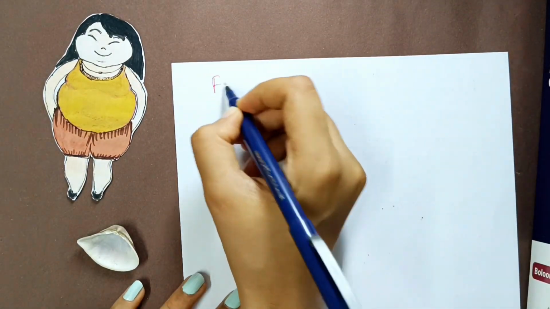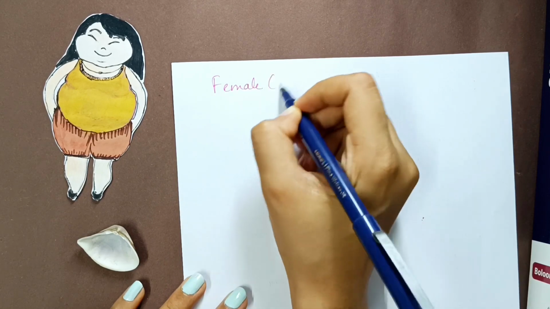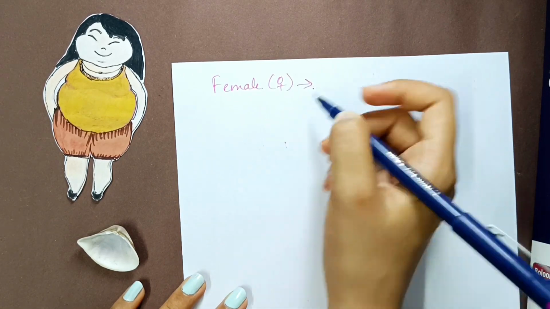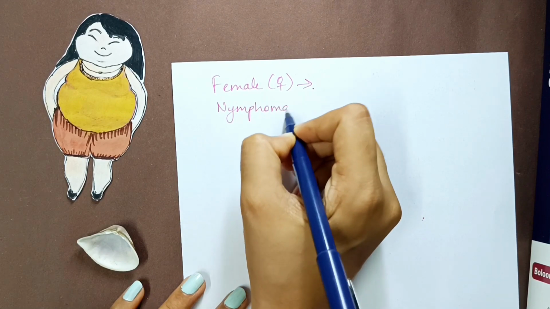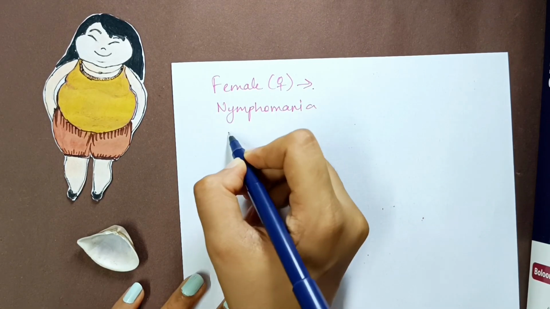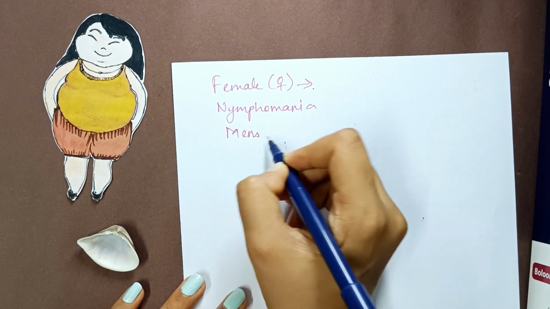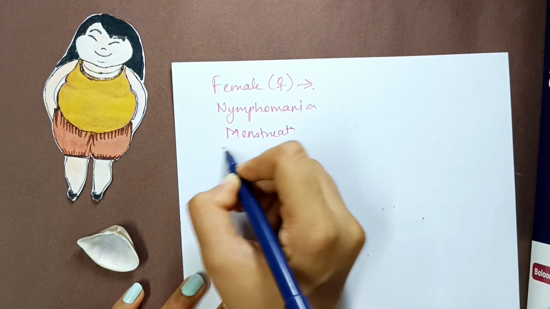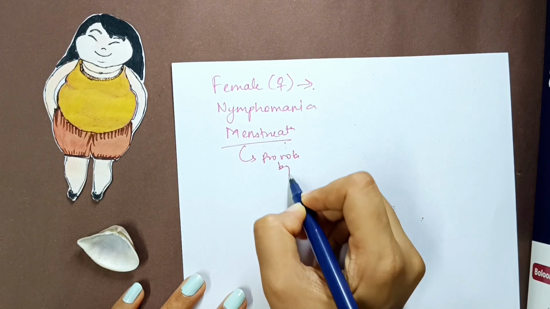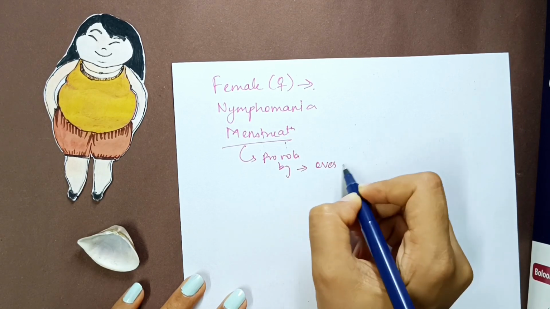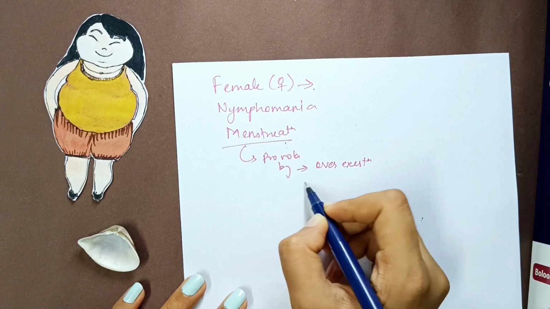In the female related symptoms, we talked about nymphomania first of all, which is excessive sexual desire, and then we talked about the menstruation, a very important point. Okay, menstruation was provoked by what? Provoked first by overexertion and also by emotions.